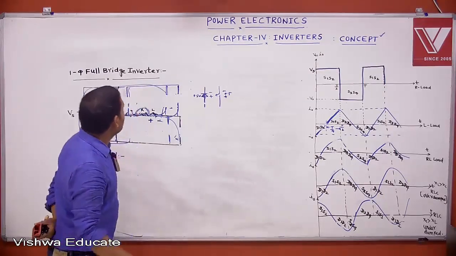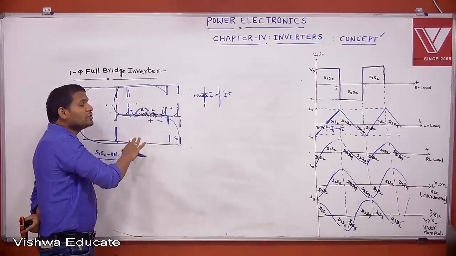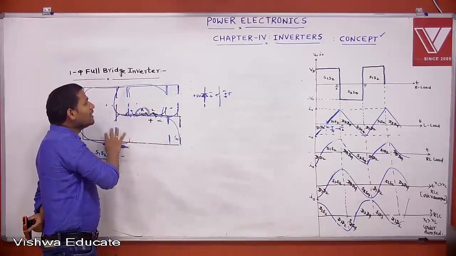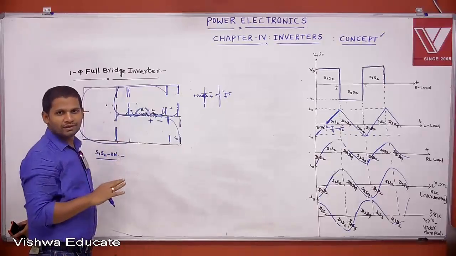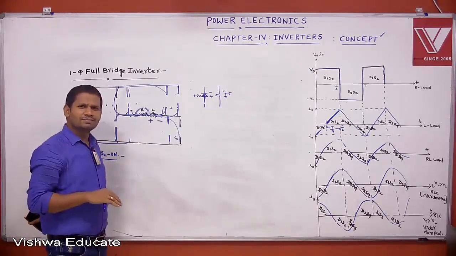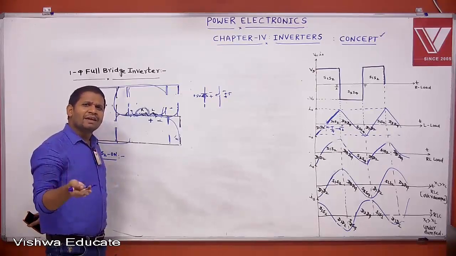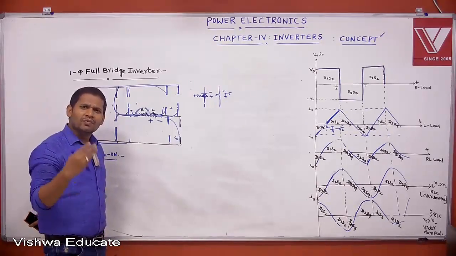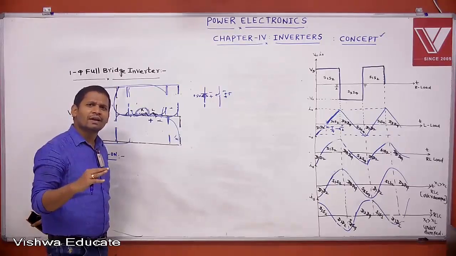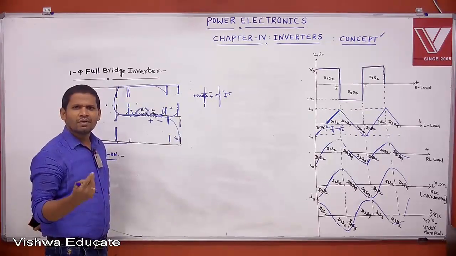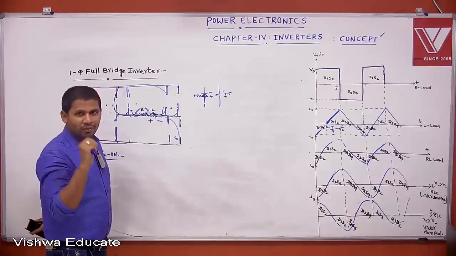Understood? That is the function of feedback diodes in an inverter circuit. It may be half bridge or full bridge inverter. But again, a doubt here, sir. What is the need of carrying the energy stored in the inductor? If we leave the energy stored in the inductor, what happens? It becomes unstable operation.